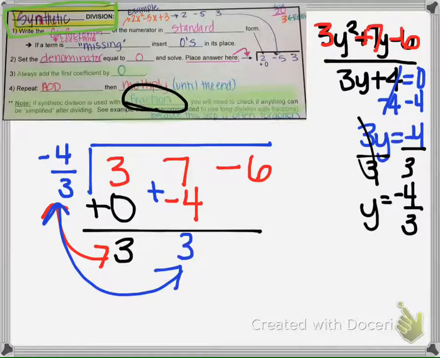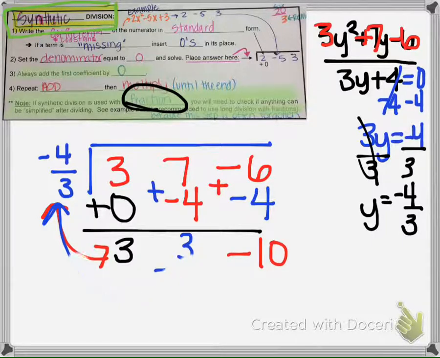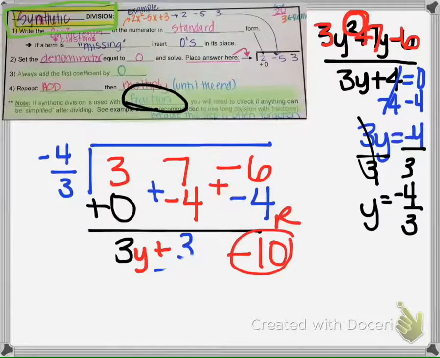So negative 4/3 times 3 is negative 4, and then we're going to add, and we get negative 10. So that makes our final answer. We always look here: if the exponent is a 2, then this is going to be a y, and this is going to be plus 3, and this is our remainder here.